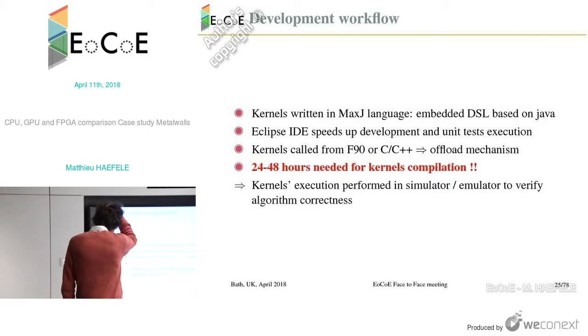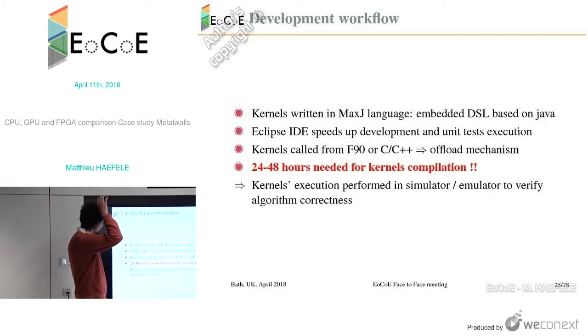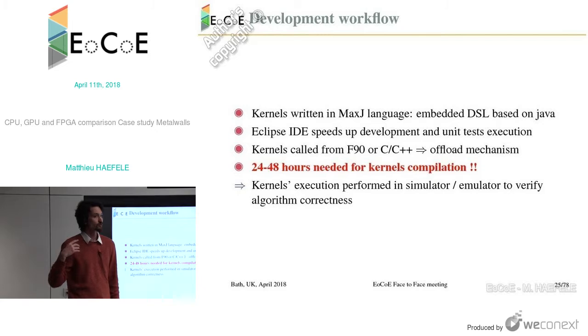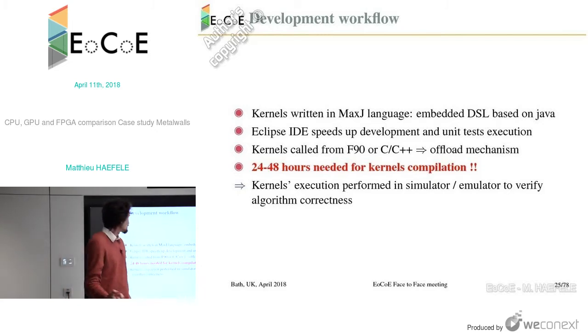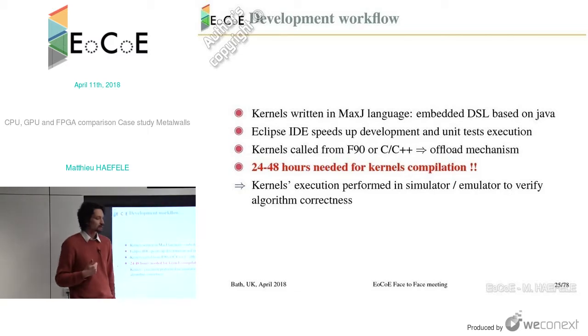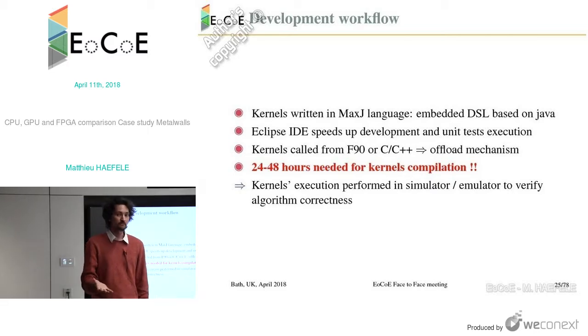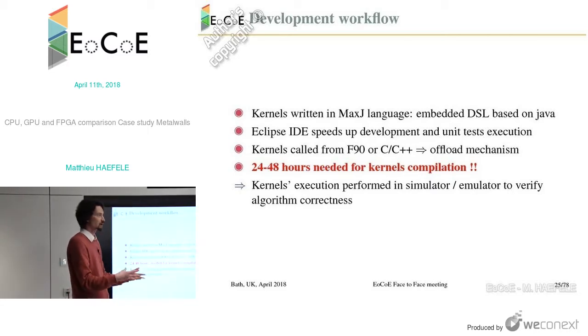The second point is, once you have your design, you have to write the kernels, and for this they have built a language, which they call MaxJ. That's an embedded DSL based on Java, so you are writing Java code typically.